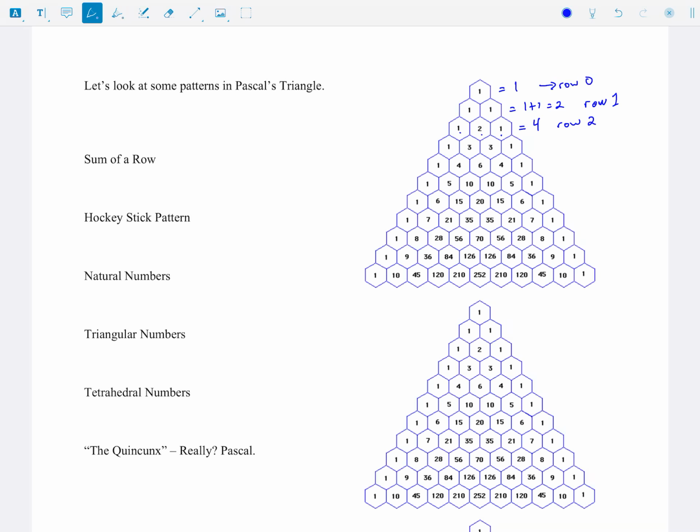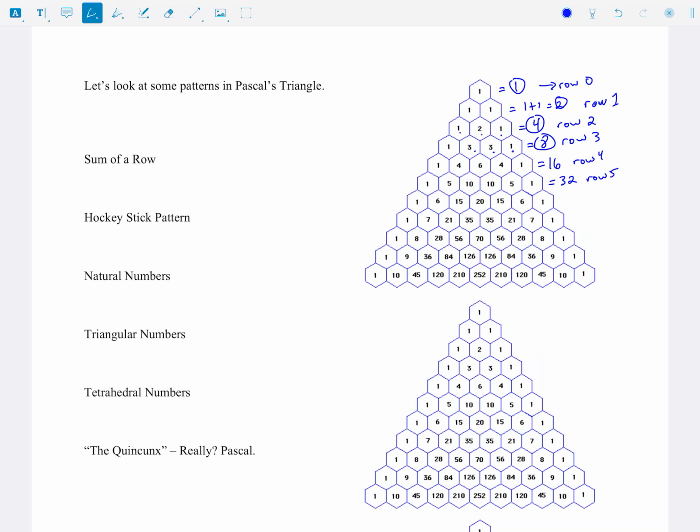What about the next row? 1 plus 3 plus 3 plus 1 is 8, and that's row 3. Are you seeing a pattern yet? So we got 1, 2, 4, 8. Could it be 16 as the next answer? You add it up, and yes, it is. And the next row is 32.